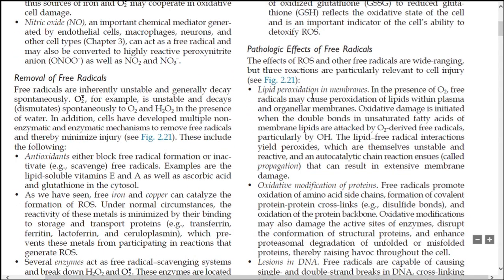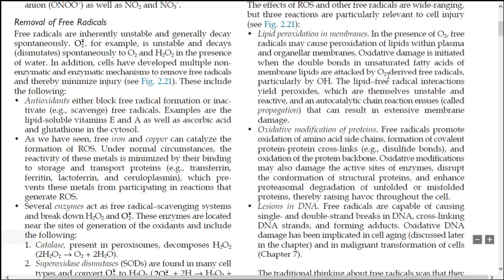Next, let's see the pathological effects of free radicals. First, lipid peroxidation in membranes. In the presence of oxygen, free radicals cause peroxidation of lipids within plasma and organelle membranes. This damage is initiated when the double bonds in unsaturated fatty acids of membrane lipids are attacked by oxygen-derived free radicals, particularly by the OH radical.